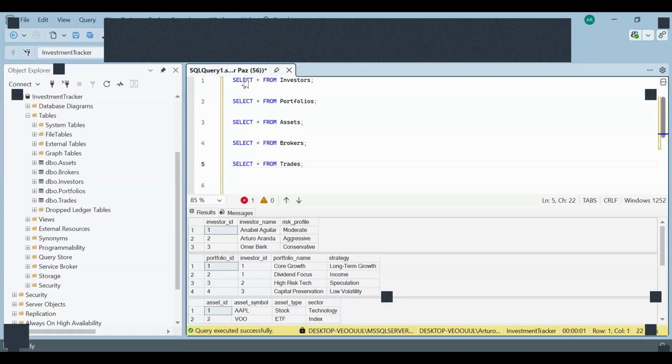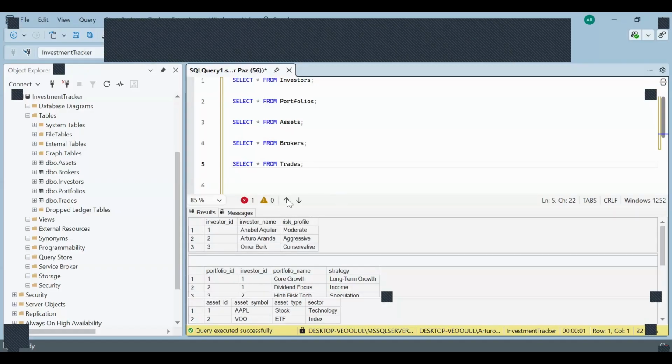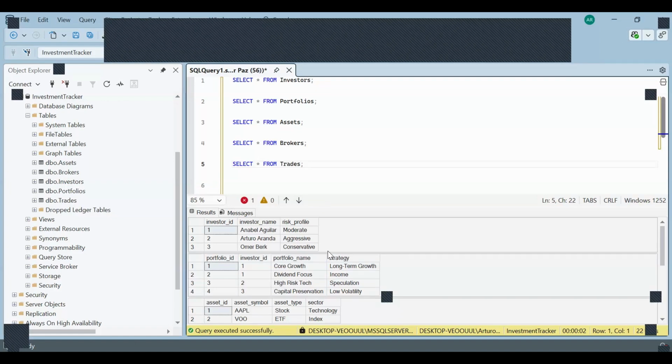Here I've used the select statement to show all the fictional data that I added to all of these tables. So I execute it, and here we can see the results and the data.